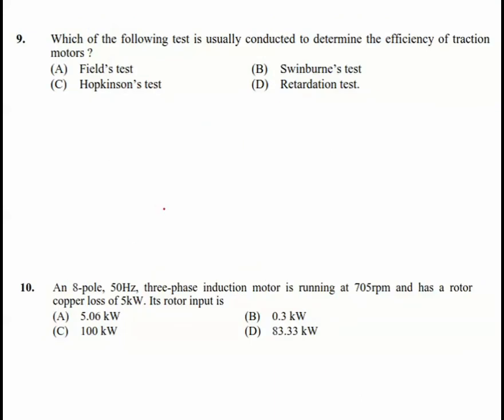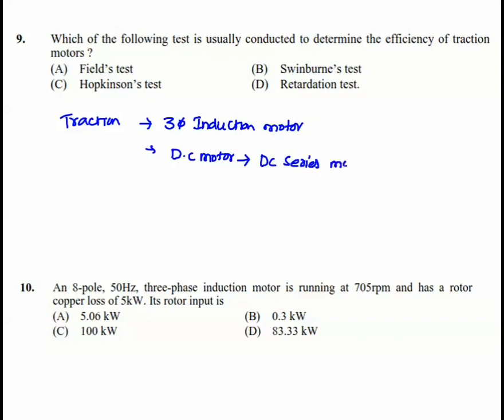And the next question: which of the following tests is usually conducted to determine the efficiency of traction motors? In traction, generally we use two types of motors: first, three-phase induction motors, and second, DC motors, in that also DC series motors.